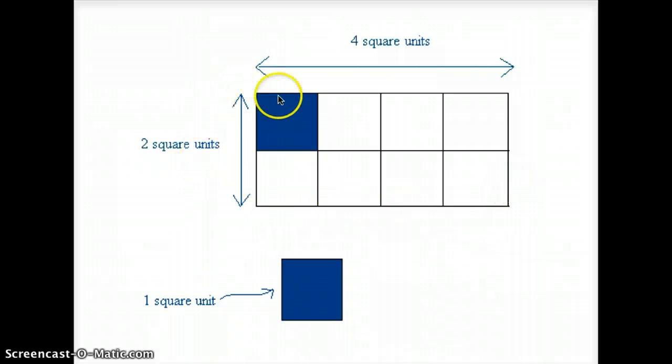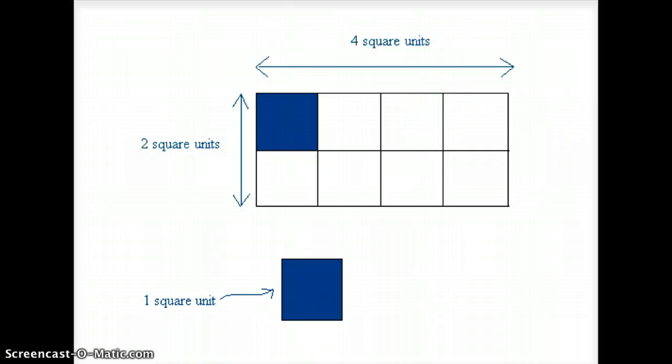This unit is 4 units wide by 2 units high. If I break this down into square units, I notice that there's 8: 1, 2, 3, 4, 5, 6, 7, 8. A simple way to find that is just multiply this 4 by this 2. And 4 times 2 is 8.